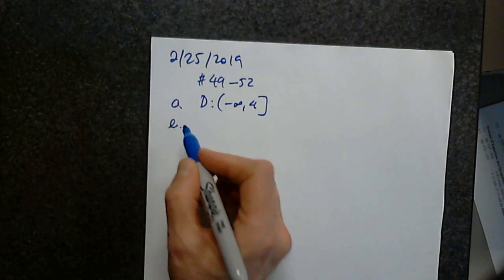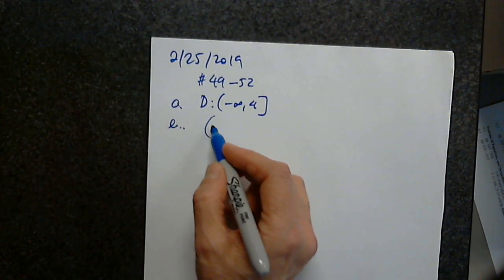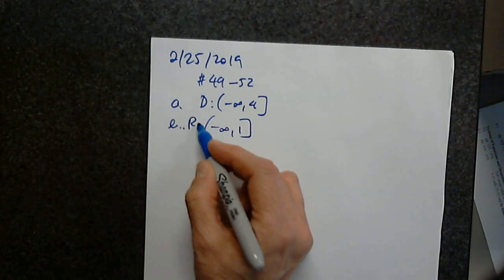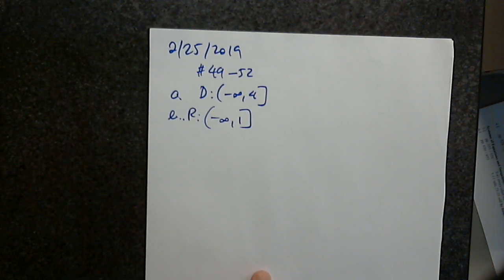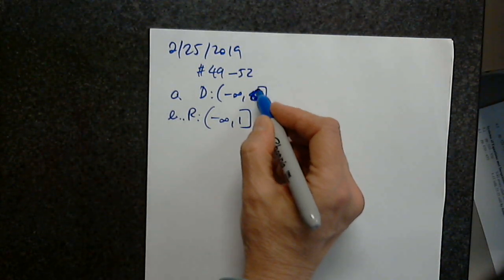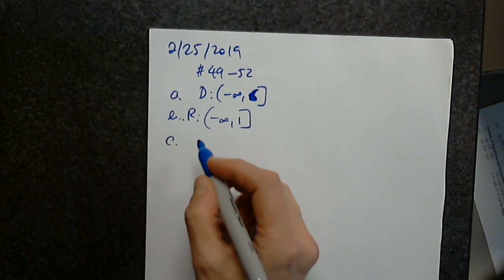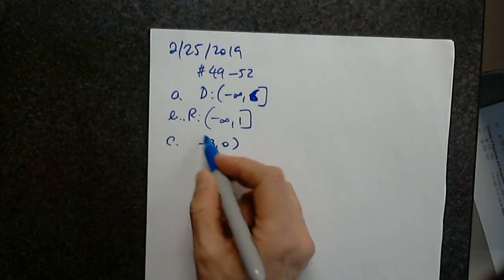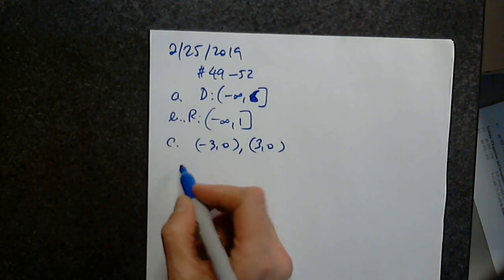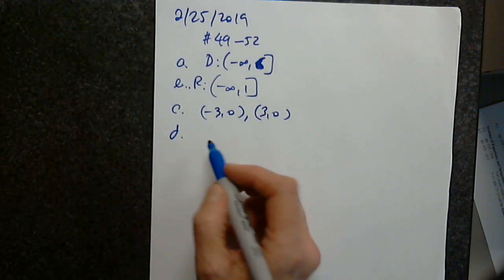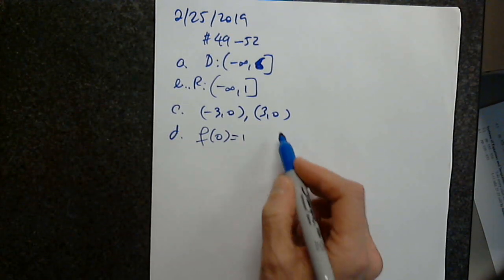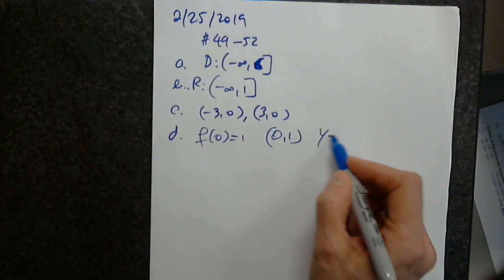In part B, the range was -infinity to 1. I thought the first one was -infinity to 6. Oh, 6, of course. Why did I write 4? I'm not sure. Sorry about that. The zeros: (-3, 0) and (3, 0). F of 0 is 1. The point is (0, 1), the y-intercept.